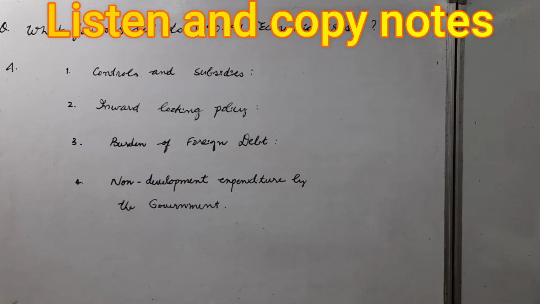I repeat once again: the government gave controls, rights and licenses, and huge subsidies to only a selected few industries. As a result, not everyone could come and produce. Inward-looking policy, the second point.